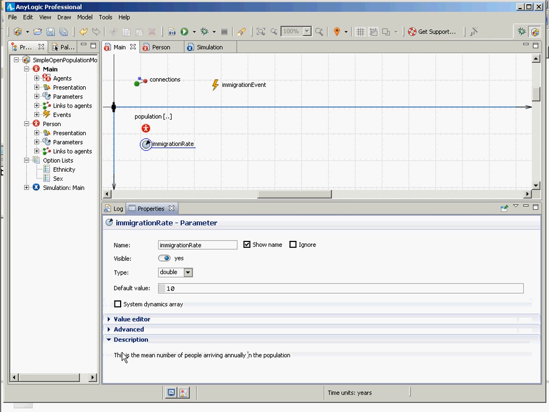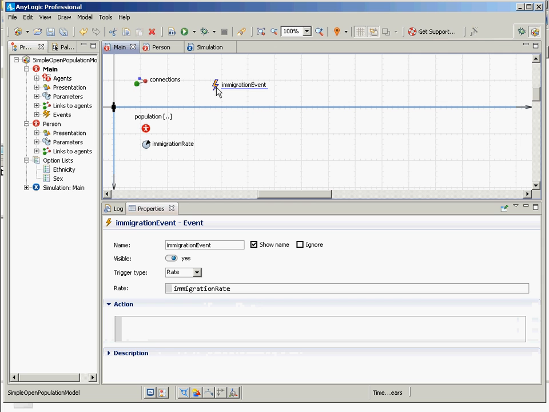Yeah, that'd be one way to do it. Or the mean annual arrivals into the population. Of external people, people arriving annually in the population, to distinguish that from births. We're going to have births in a few minutes.